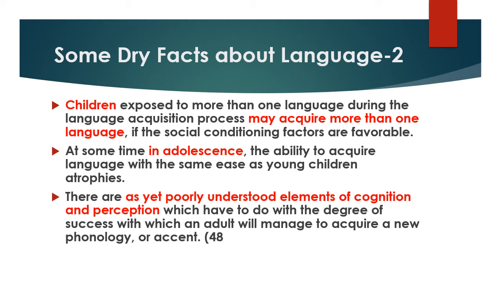These are related to why certain adults manage to acquire a new language phonology or accent quite easily, more easily than others, why some other people cannot. So we have to keep these things in mind when I think about accent.